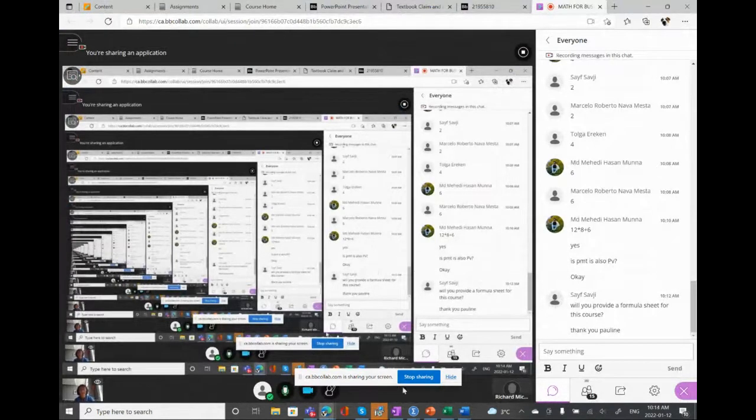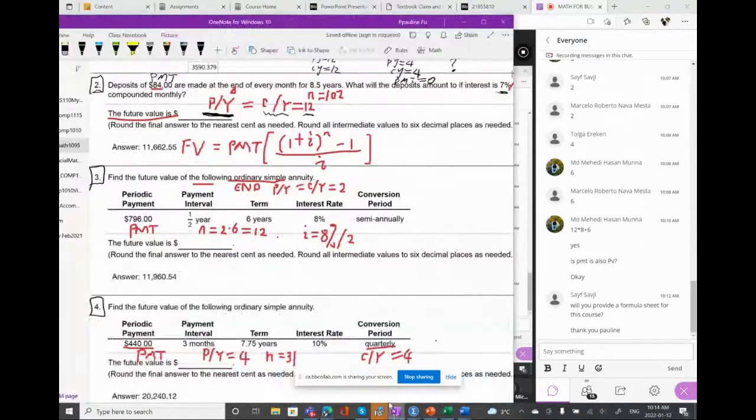Okay, so now where I am. So this is the formula. We are asked to solve for FV. FV equal to PMT. PMT is $84 times 1 plus I. I is periodic interest. The number 7% compounded monthly.